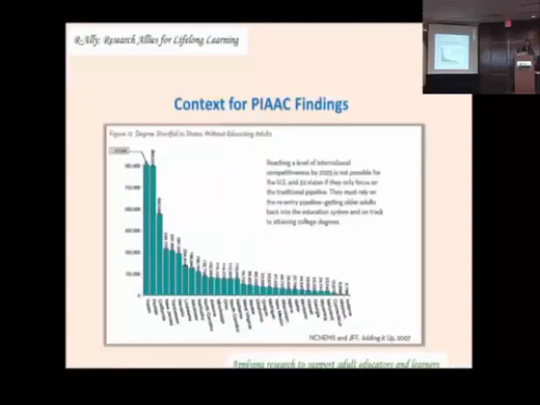By way of context, this particular slide is not about PIAAC, but I think it gives us a little bit of the sense of the so what. Why are we talking about adult transitions to learning in the United States?